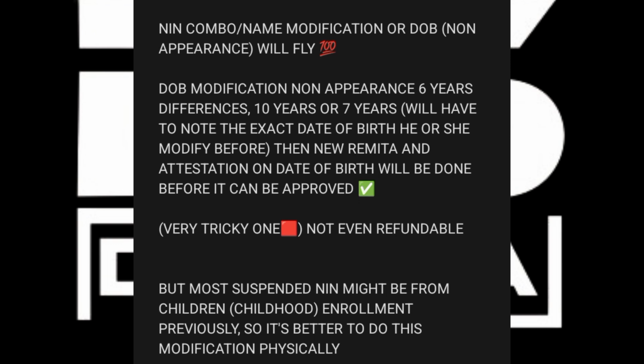After doing all those things, they will approve it, and your suspension is going to get lifted. That's if you really know the previous information. I'm talking about DOB, that you remember the previous information.